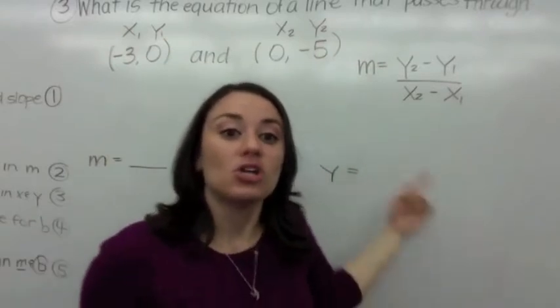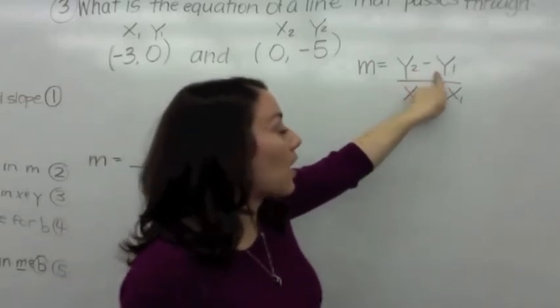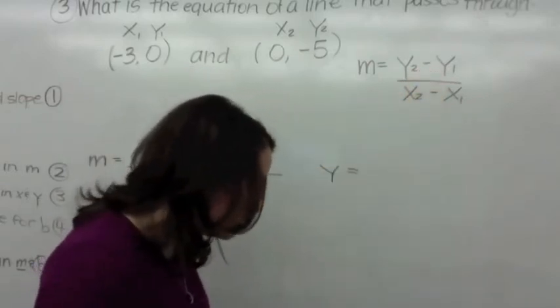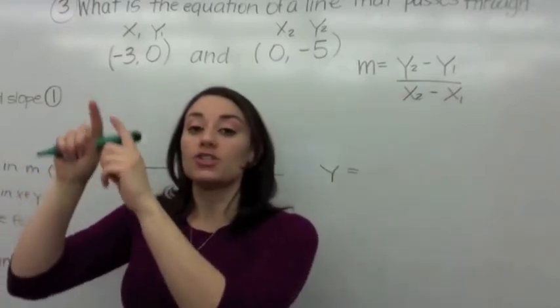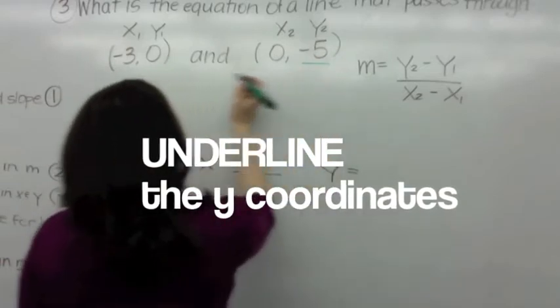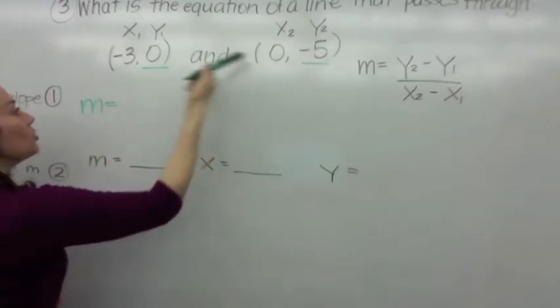Very good. So that translates to m equals y2 minus y1 divided by x2 minus x1. So since you're looking for the change in y at the top, you want to underline the y coordinates, okay? So slope, slope equals change in y at the top.